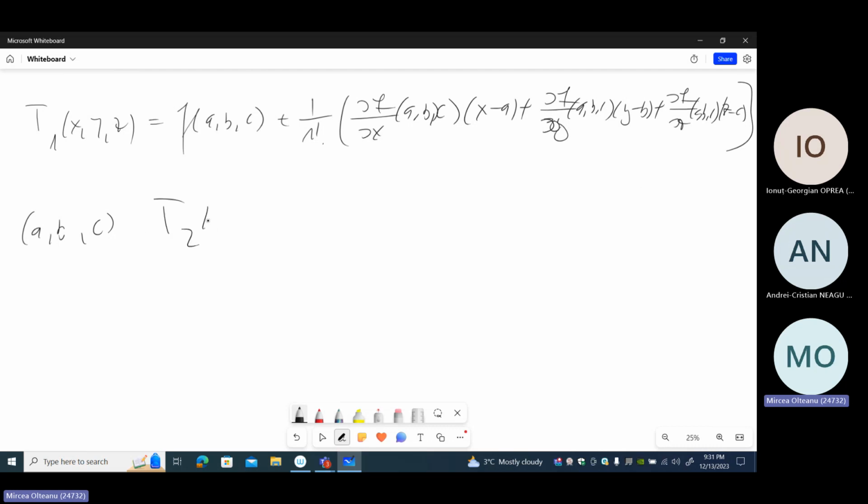And T2 of (x, y, z) will be T1 plus now the second order terms, 1 over 2 factorial times. Now let's see how many terms we shall have here.